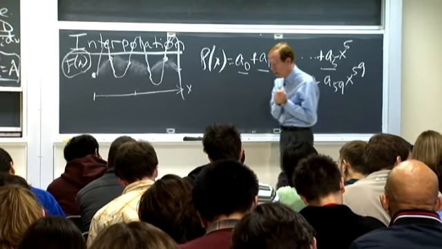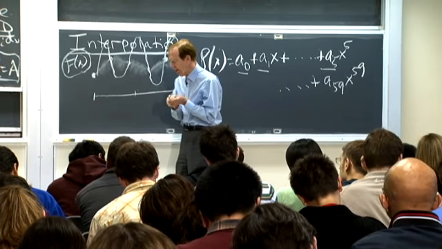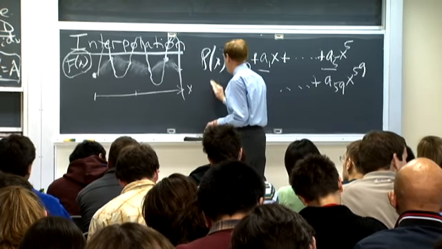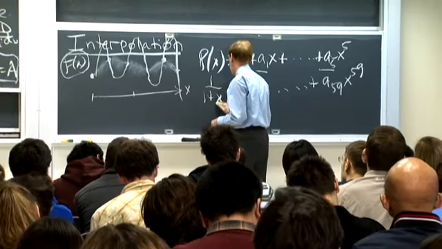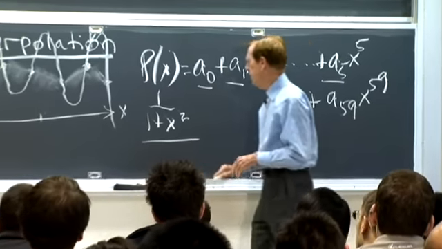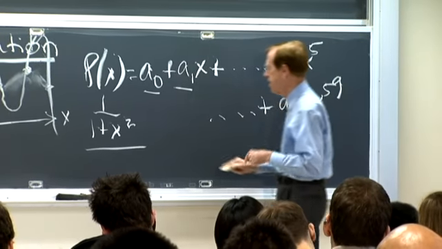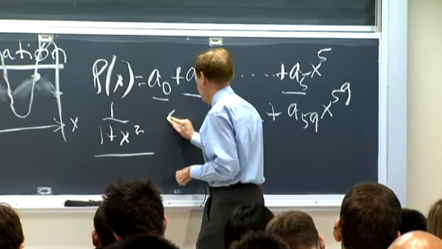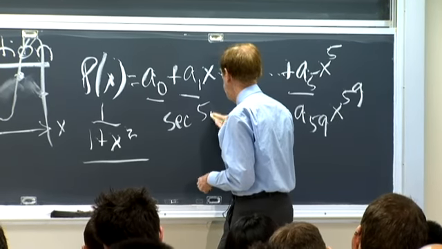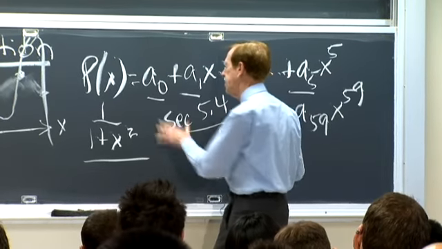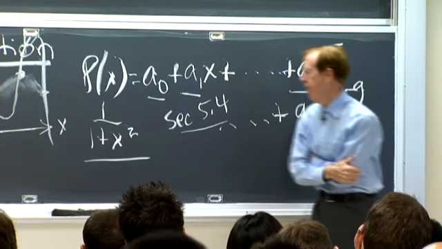And there are classical examples of that. In fact, the famous example is the function 1 over 1 plus x squared. And later, there's a figure in the book, I think it's in section 5.4, which shows the result. That's a terrific function.